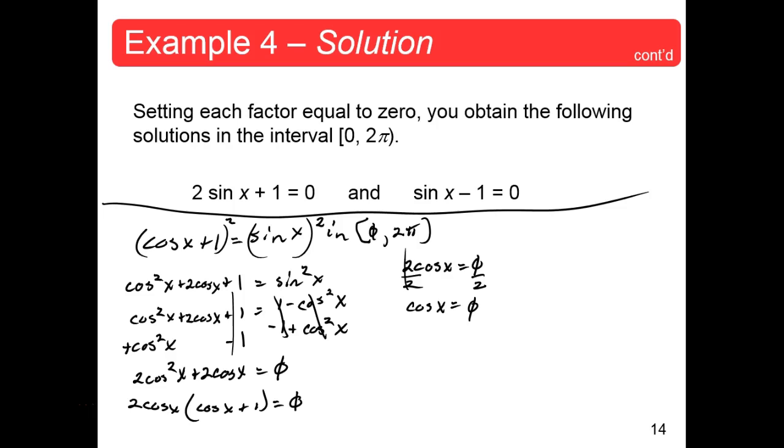Pi halves and? Not at pi. Pi is negative 1. At 0 is plus 1. Pi halves and 2 pi? That's at 1 again, same as 0. Remember, cosine is 0 at all your odd multiples of half pi.